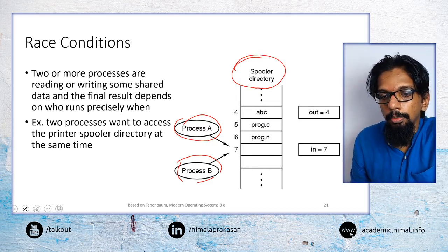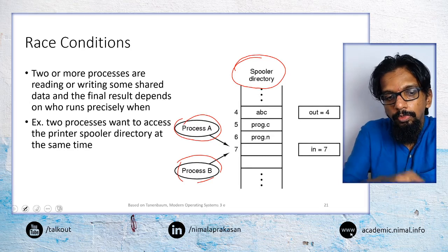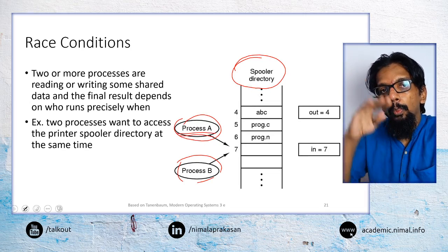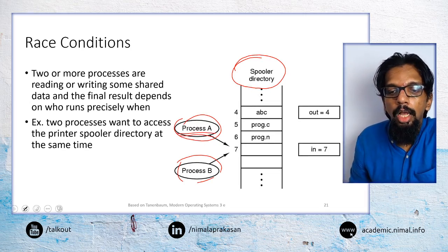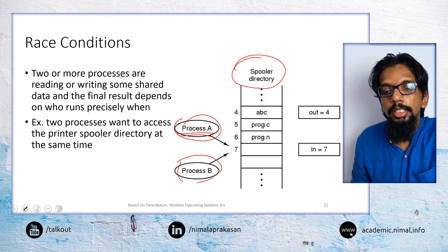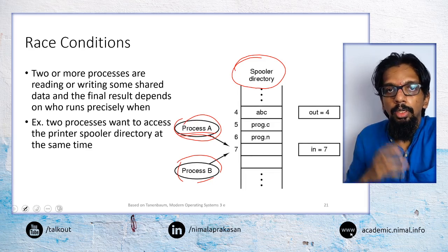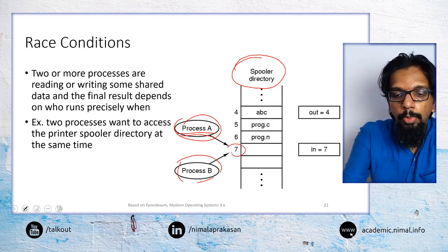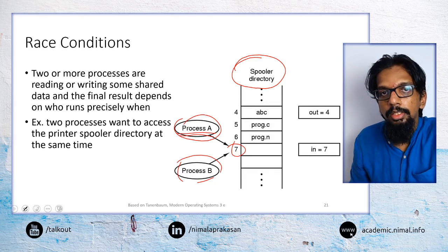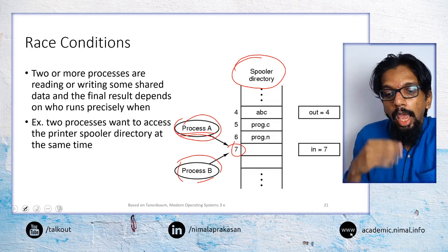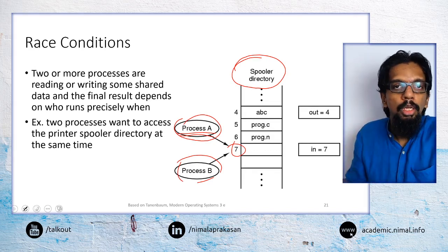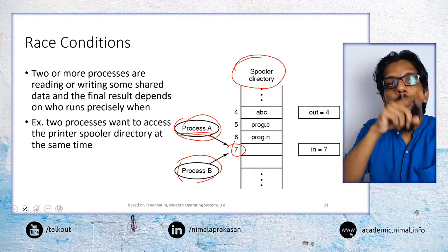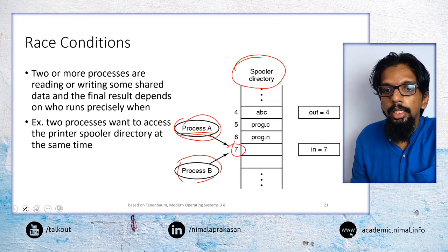Just as an example. Now, process A is first running, and while it is running, it asks what is the location where it can save a document. The response it gets is location 7. Then at that point, we do a process switch. Process A goes to the ready state, and process B comes from ready state to running state.